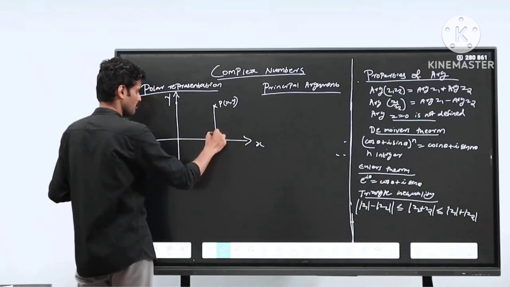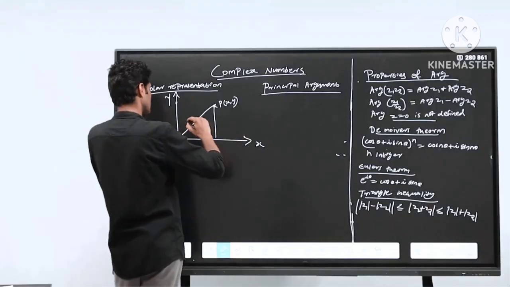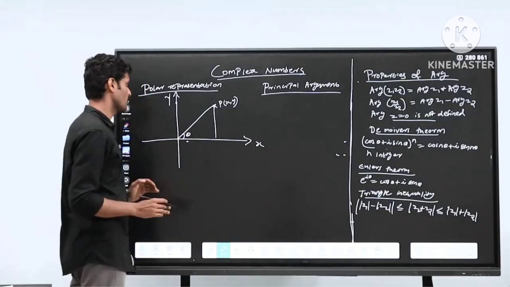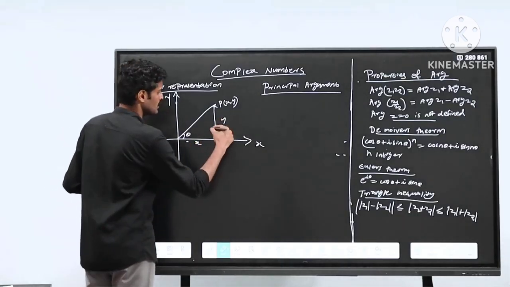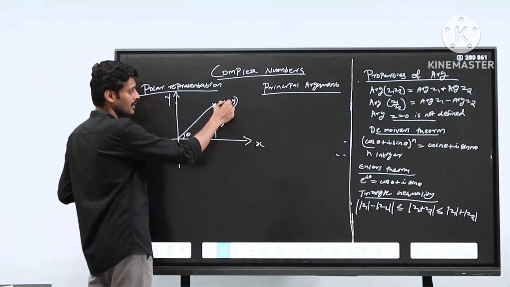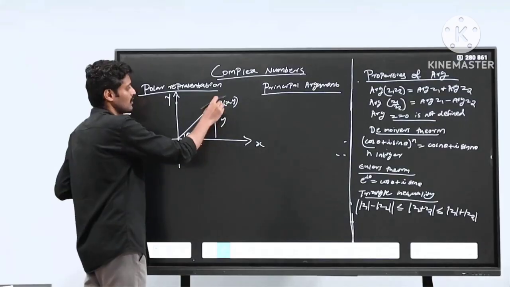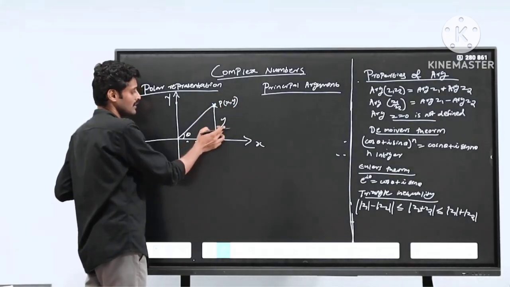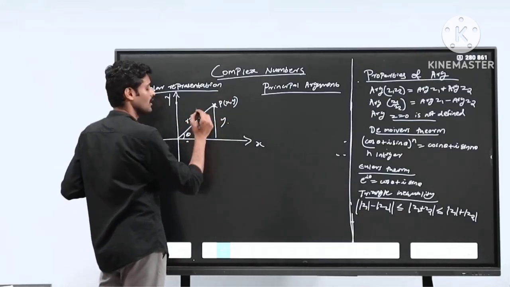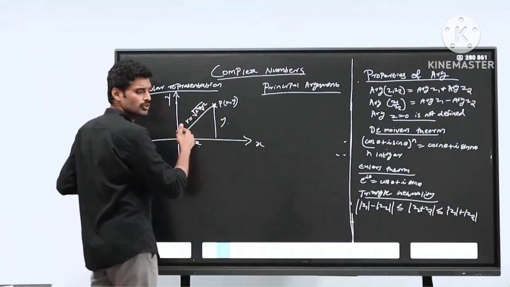This is the point, starting from the origin, then there will generate an angle theta. So this is x and this is y. This is the point P(x, y) marked in this coordinate plane. Then this distance can be represented as r. r equal to root of x² + y². Of course, we know that.